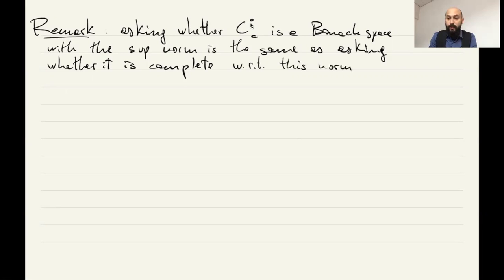And we know already that L infinity is complete. Right? So if you have a Cauchy sequence, then it converges in L infinity. So now we want to know if also the limit belongs to this vector space.